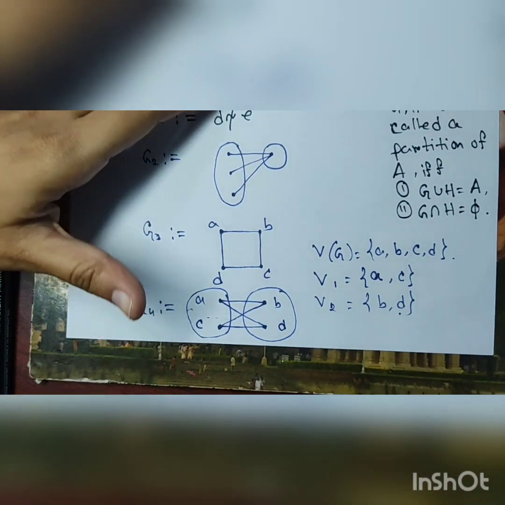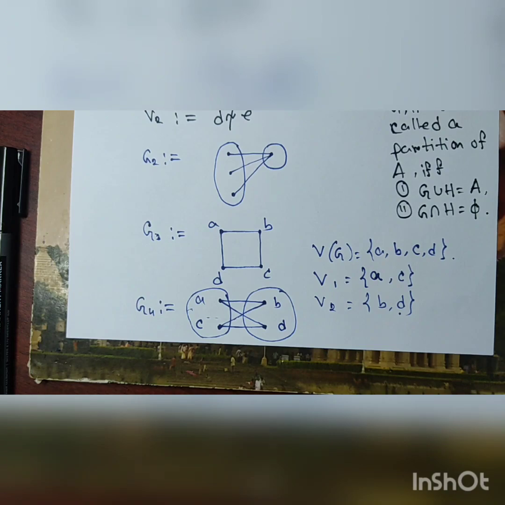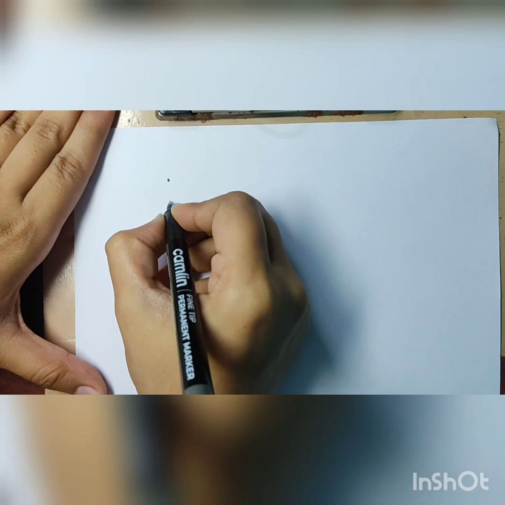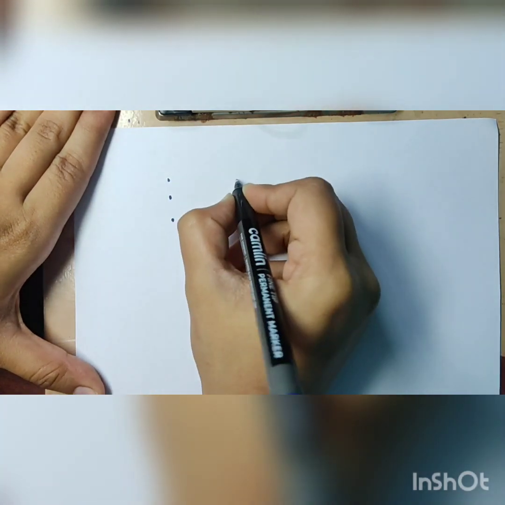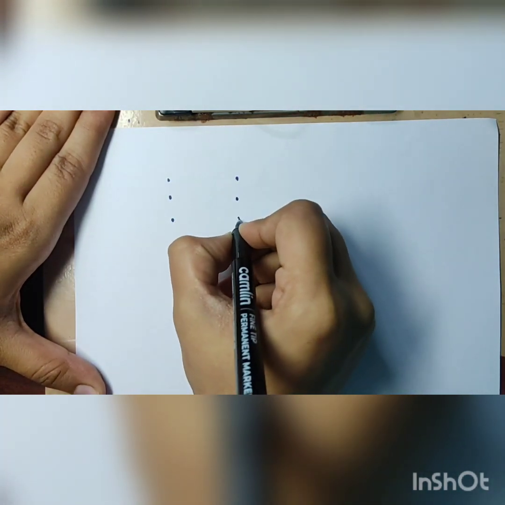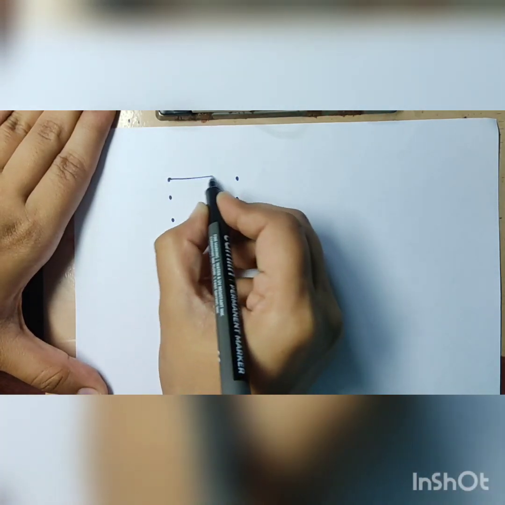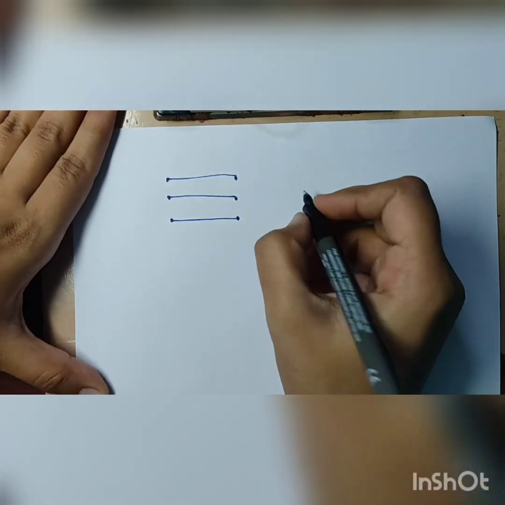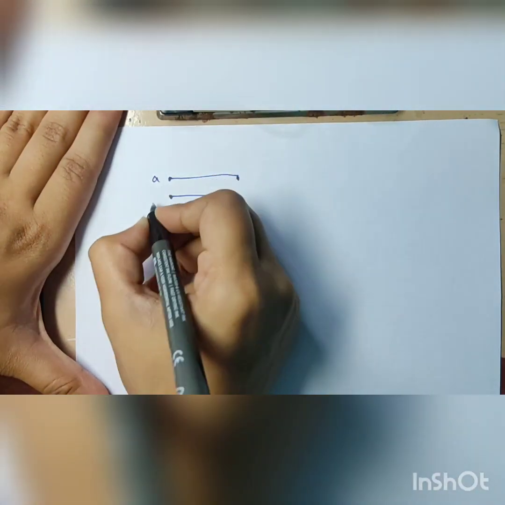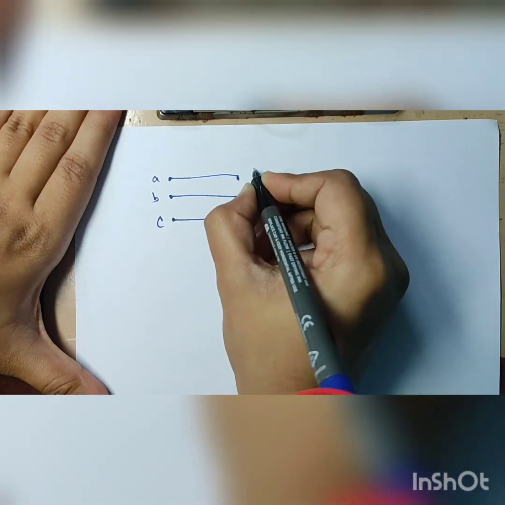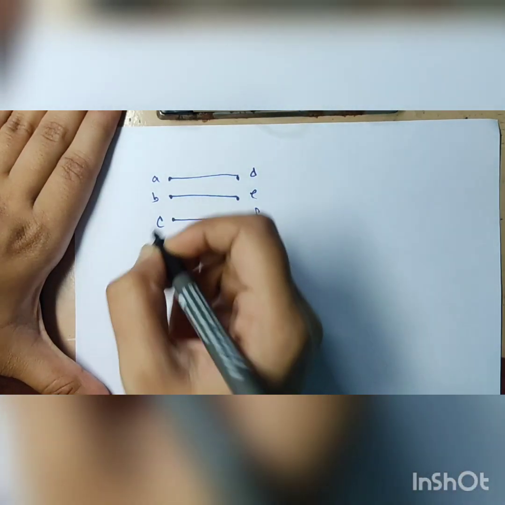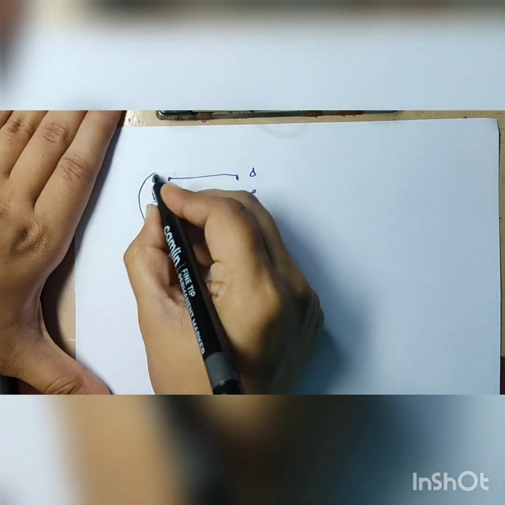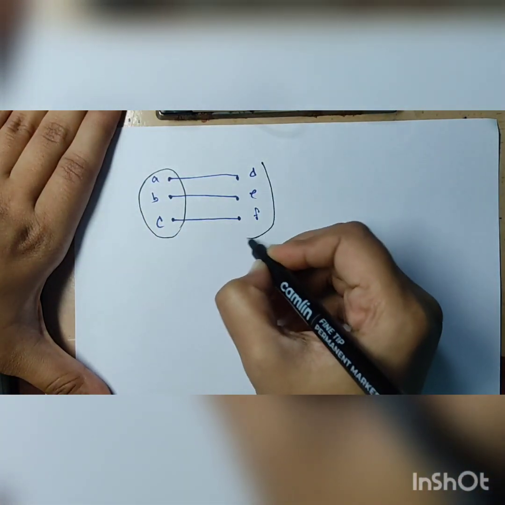Similarly, we can have another example. Now let us consider this example on, say, 6 vertices. Here we have 3, and here also we have 3 vertices. So this is also a bipartite graph. Let us take this to be A, B, C, and here D, E, and F. The partite sets are this one and this one.